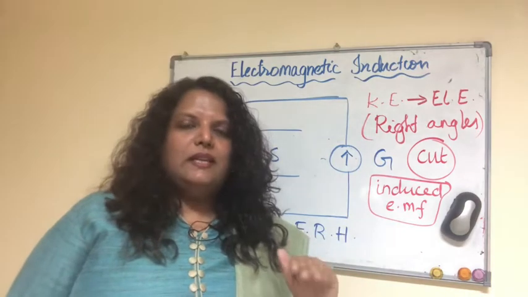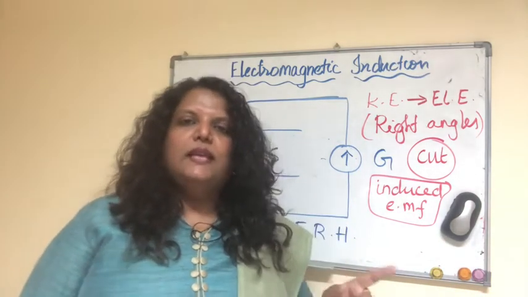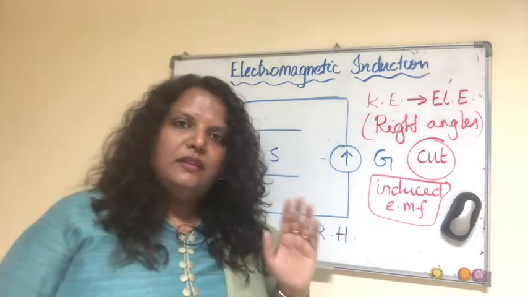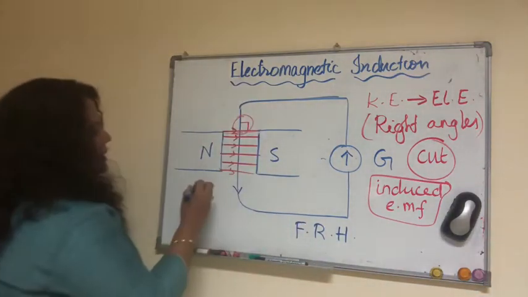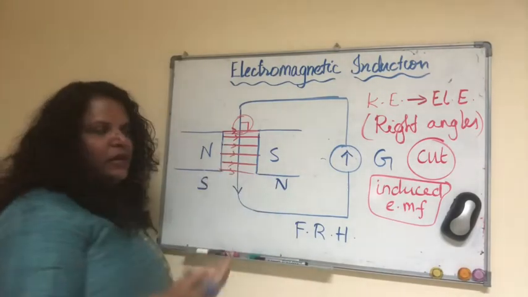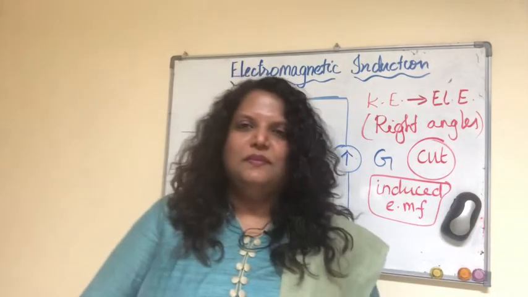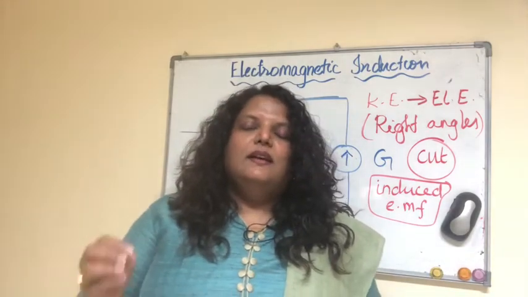You can apply Fleming's right hand rule and verify it for yourself. If you flip both, then the effect will still be the same. If I make this south and this north, and I am moving the wire outside, you will still have the current flowing in the same direction. All right, I hope it's clear.